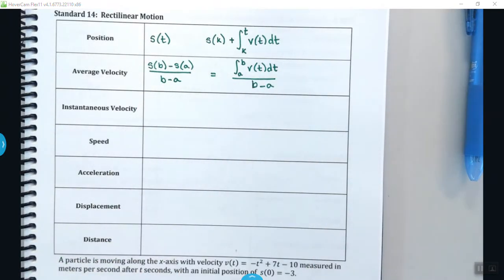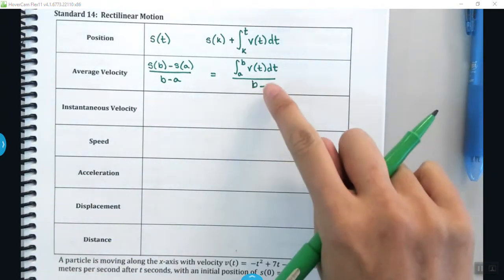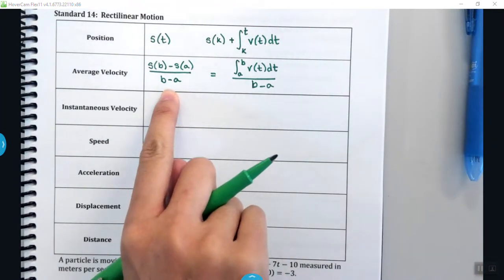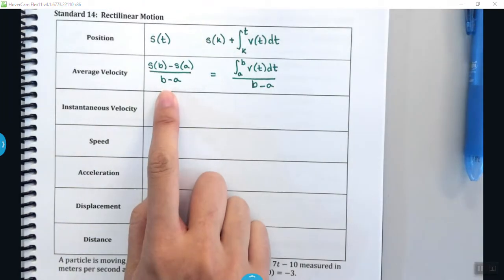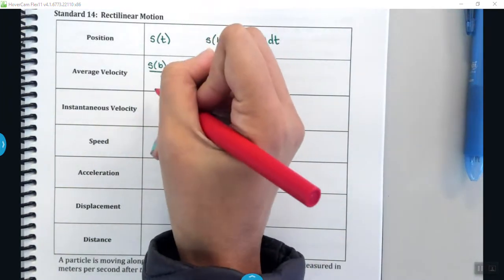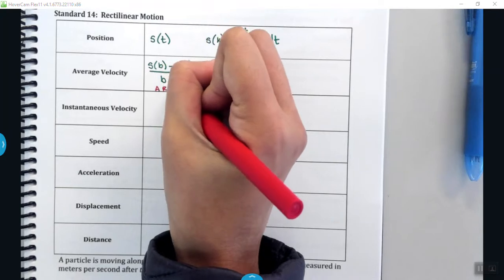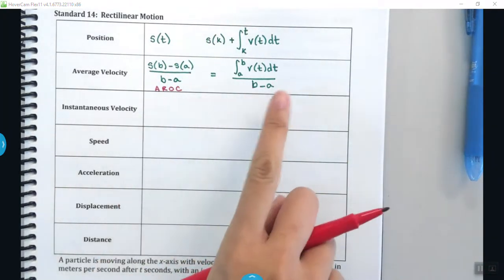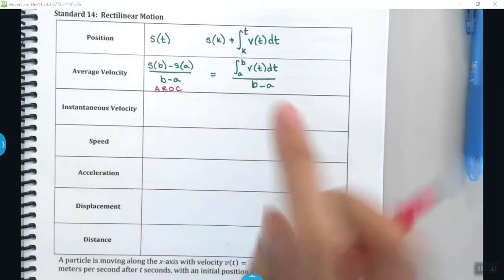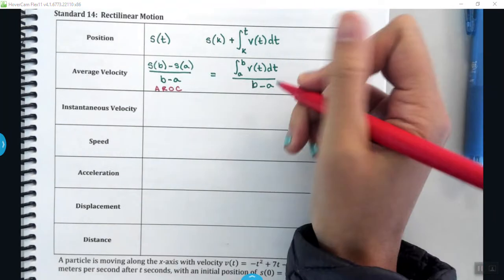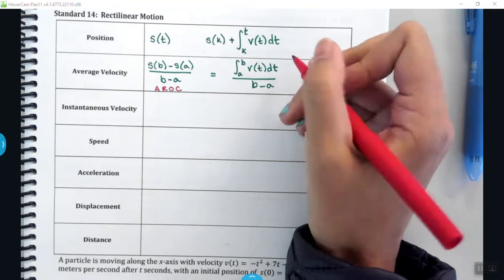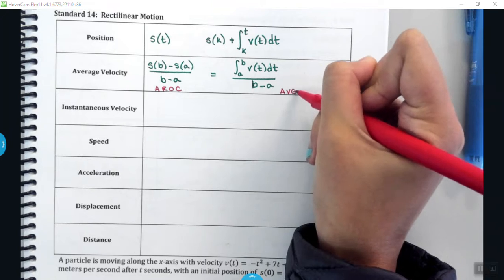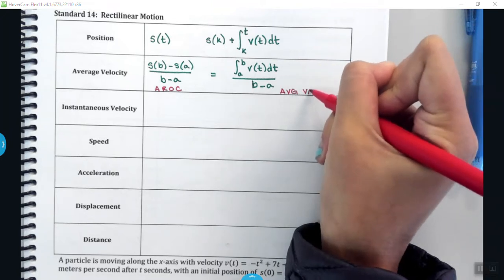But if you were in AB last year, you learned that these have two special names. What's this name? Everybody should know this one. Average rate of change, right? And then this one is average value.